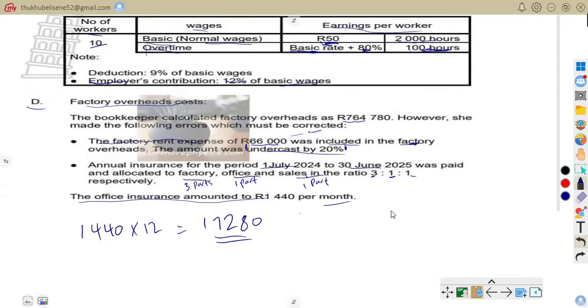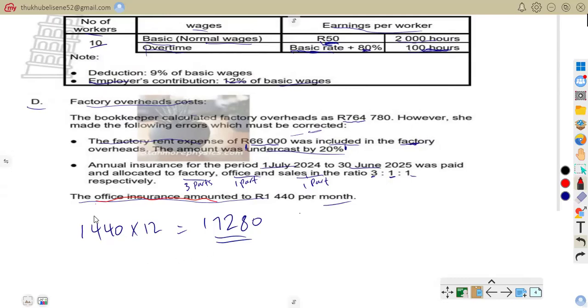But what did the bookkeeper do wrong? They included office insurance in the factory overheads, which is wrong.